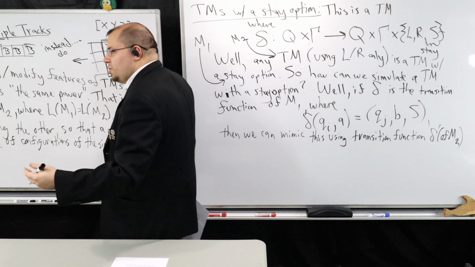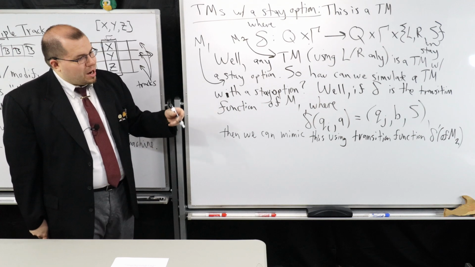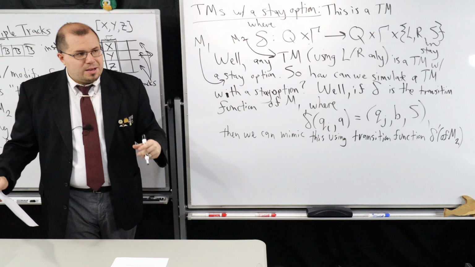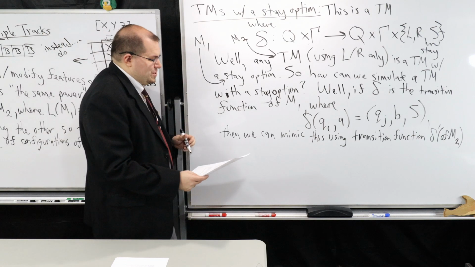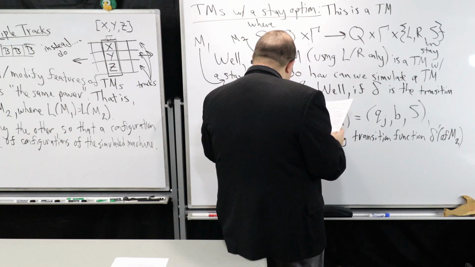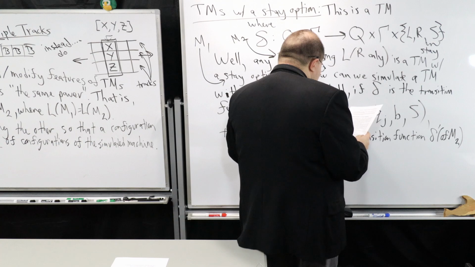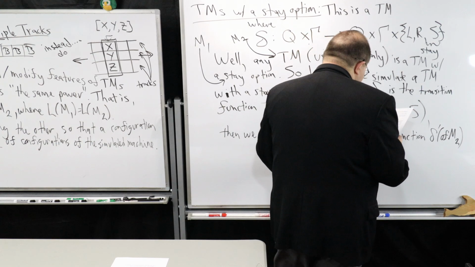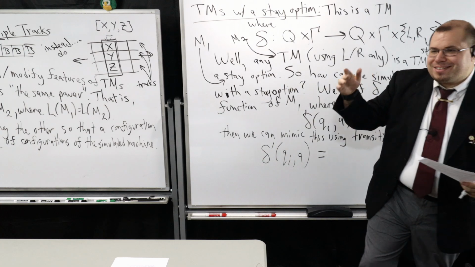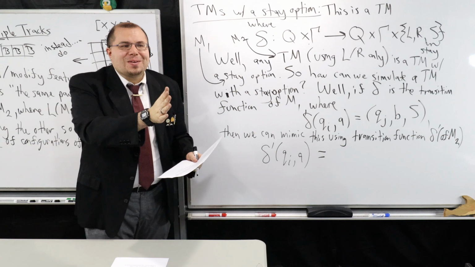So for all of the moves that do not have the stay option, in delta prime, you just make them equal to the ones that are in delta, just to be clear. It's just these ones with the stay option that I'm showing you a construction for. Okay, so all you have to do is this. So watch this. This might be the first thing you might try doing. And it actually works.